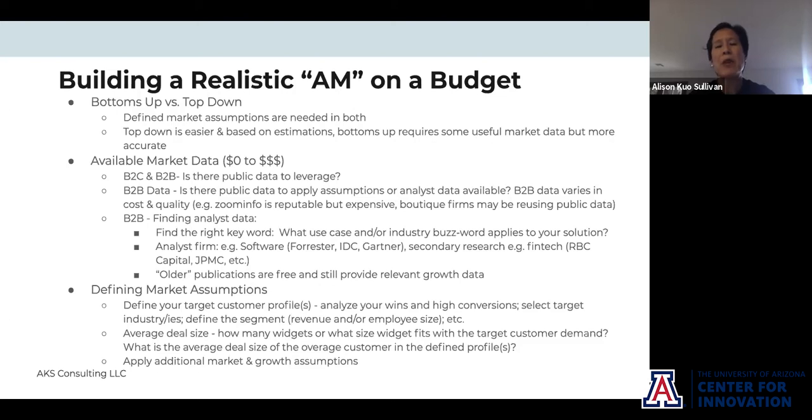But there are a lot of boutique firms who are doing screen scrapes, finding public data and reusing it, putting some algorithms around it, and those tend to be a bit less expensive.